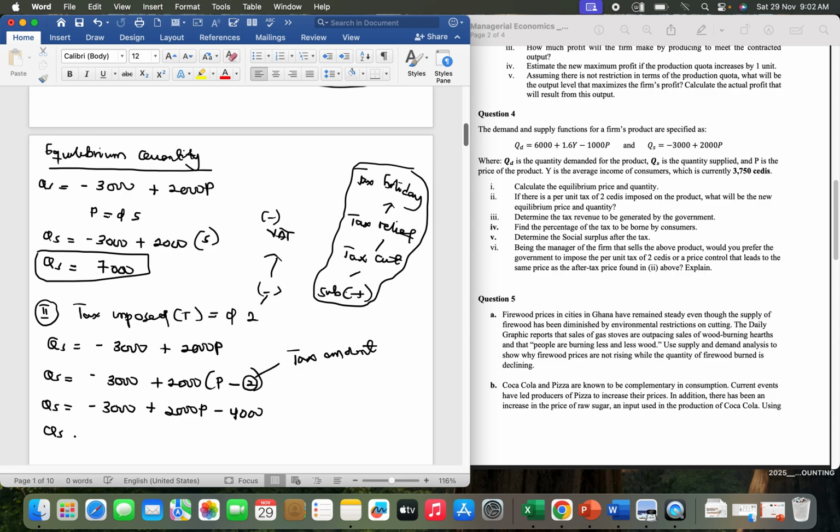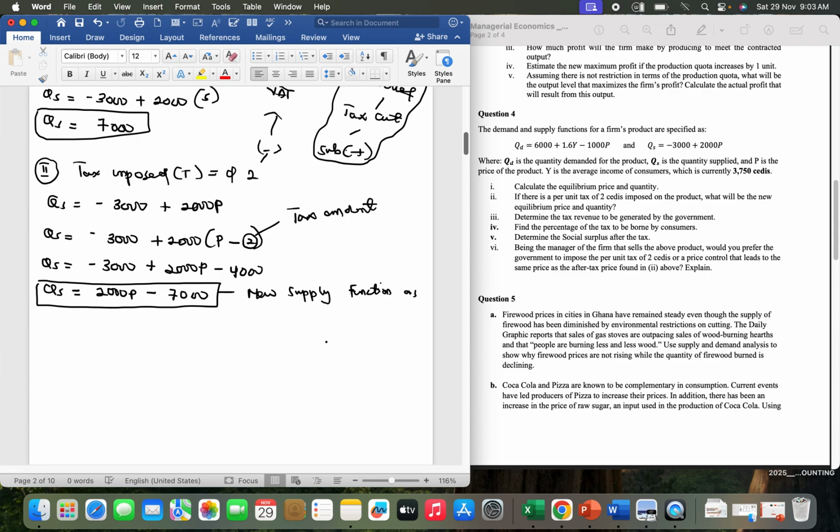So minus 3000 minus 4000 is minus 7000. So it's 2000P minus 7000. This becomes our new supply function as a result of tax.